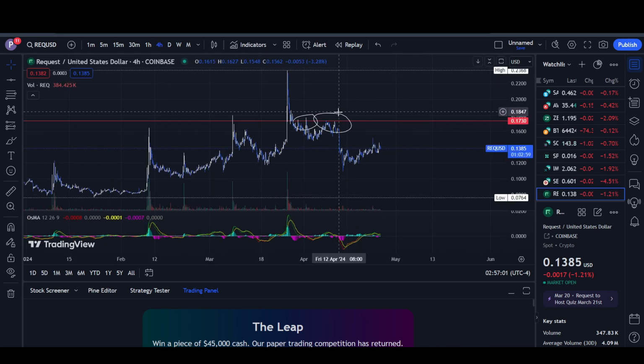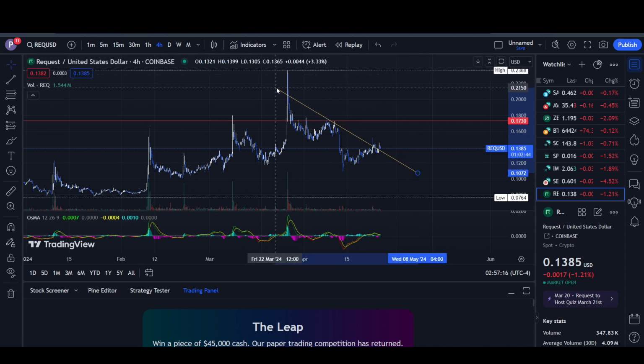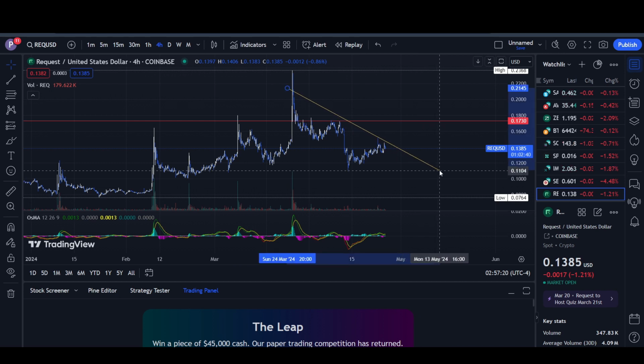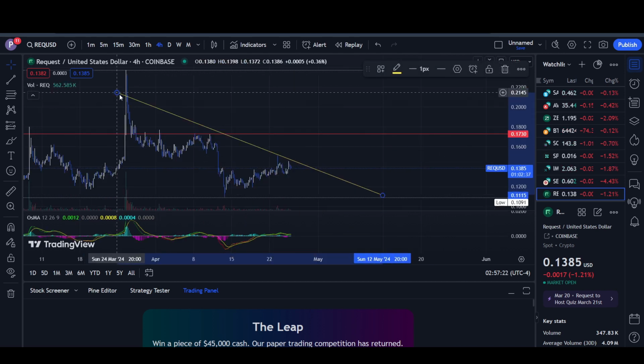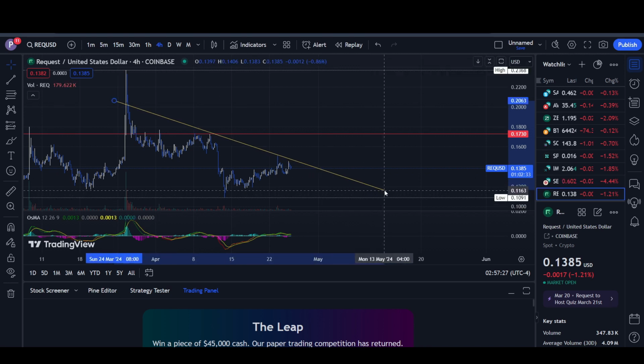Let me delete these things for you. First of all, I think we need to break this downtrend. I think we did break this downtrend and had a pretty good movement, but we need to break this downtrend again from this side. Let me draw it perfectly. As you can see here, if we do break this one, I think we could actually hit 17 cents.